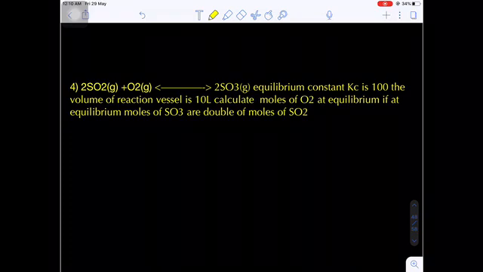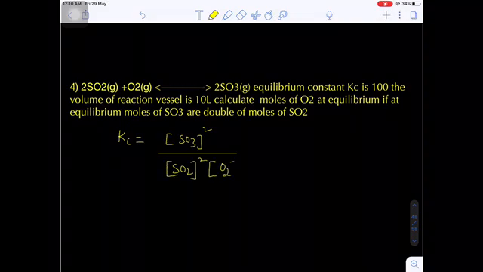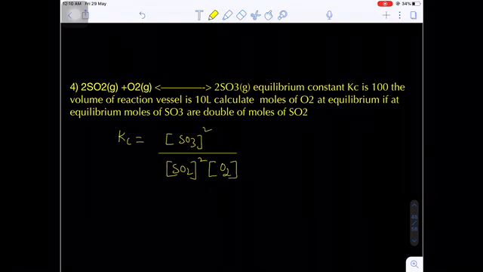So I am writing directly, Kc equal to concentration of SO3 whole square whole divided by concentration of SO2 whole square multiplied by concentration of O2.